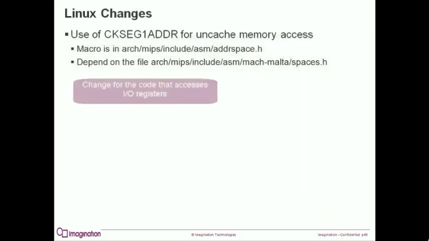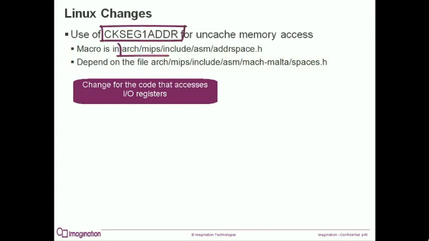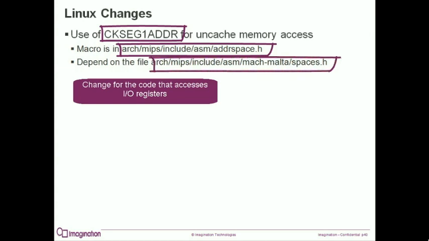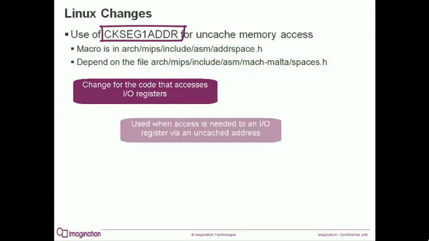Another thing that has been changed in the Linux kernel for the Malta board is the code that accesses the I/O registers. The macro checkseg1 adder in adderspace.h has been changed depending on the settings in the Malta specific spaces.h include file. This macro should be used when a device driver needs access to an I/O control register via an uncached address.